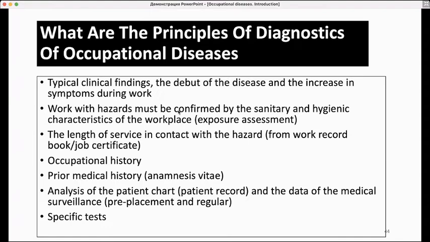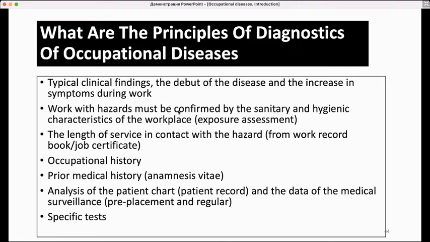Or workers who are exposed to noise, like pilots or machinery workers, can be affected by that noise, and that results in their hearing loss. All the pilots are exposed to noise, and all of them can have a similar clinical picture. That's why it is an occupational disease.